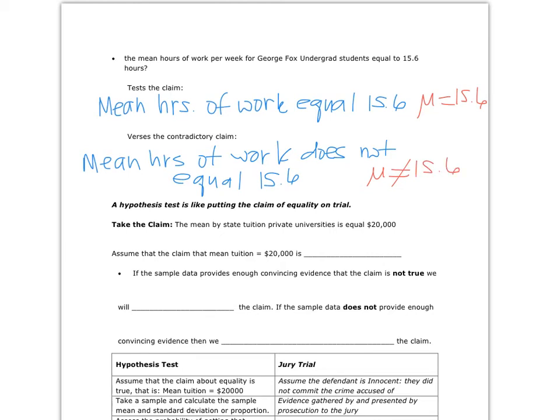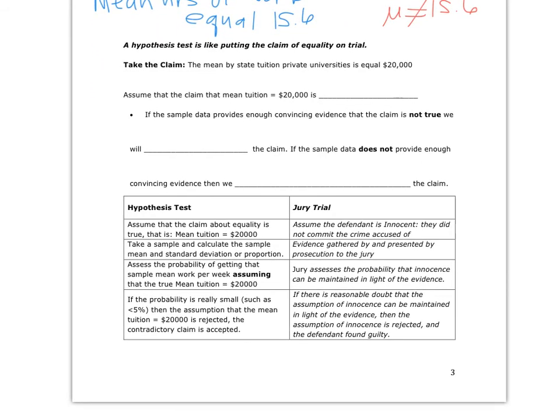Okay, one way we can think of a hypothesis test is like putting the claim that includes the equals on trial. If we think about jury trials in this country, we start with the assumption of innocence.